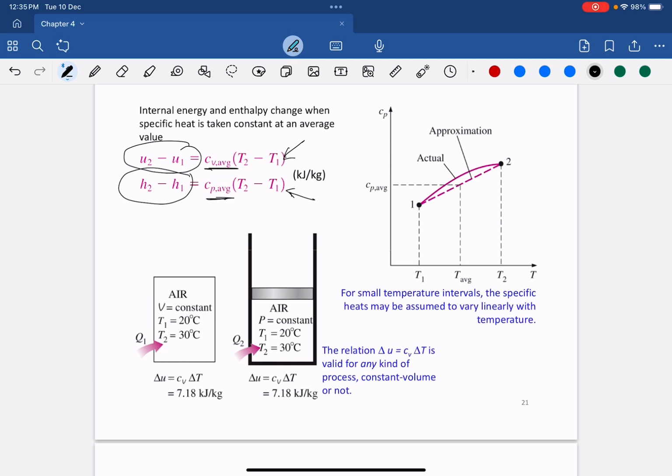So we can do interpolation, assuming the relation is a straight line. If we want to evaluate the CP value at a certain temperature which we don't know, we take the CP values at the lower boundary and higher boundary and interpolate as if it is a straight line.